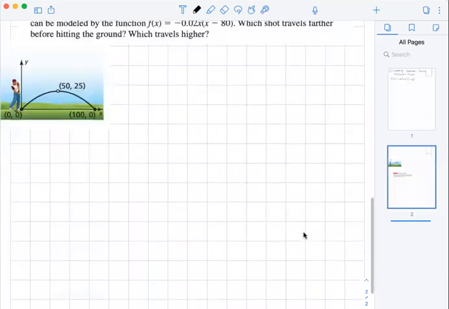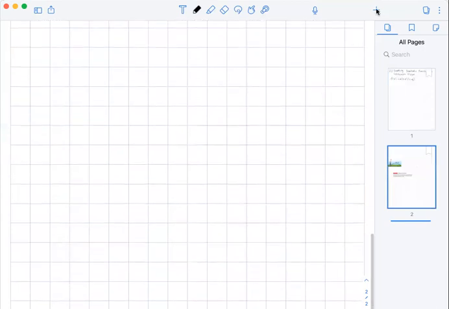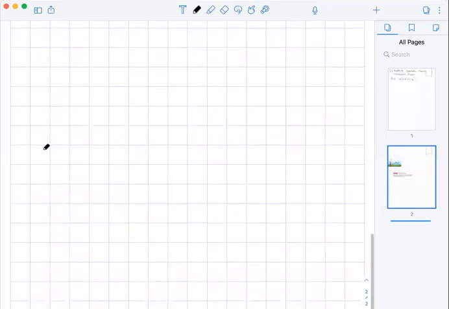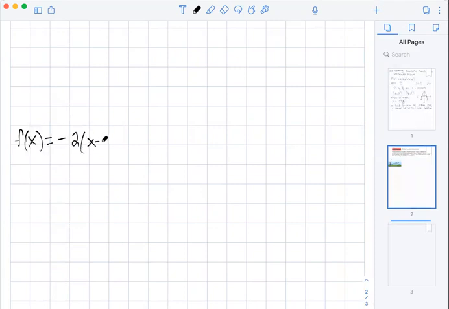So let's graph f of x equals -2(x plus 3)(x minus 1).